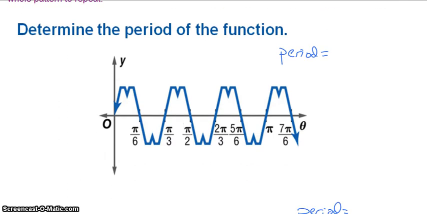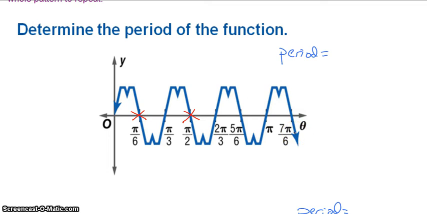So here I've got some sort of pattern. It's got these crazy points in it. So I'm going to pick a point where I can easily identify where I'm at. So I'm going to pick this point right here. So in my pattern, I go down, I go up. Once I get to this point, I start to repeat that exact same pattern again.